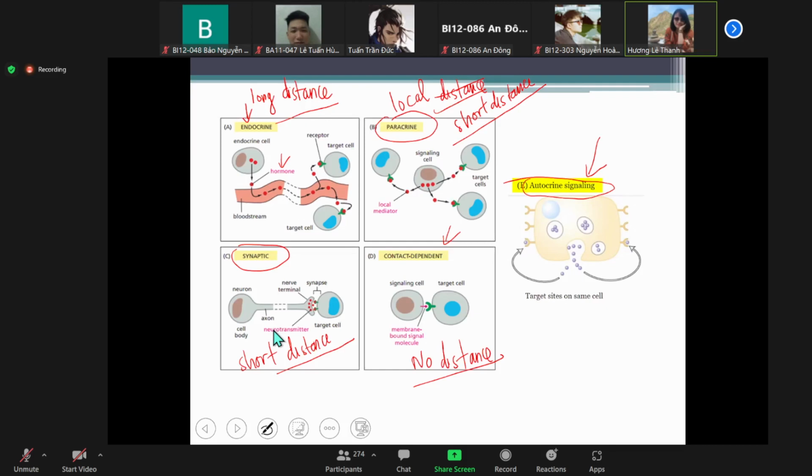Autocrine signaling is when one cell sends information to stimulate itself. Can you tell me which kind of cell does autocrine signaling? One case of a cell that sends information to stimulate itself.